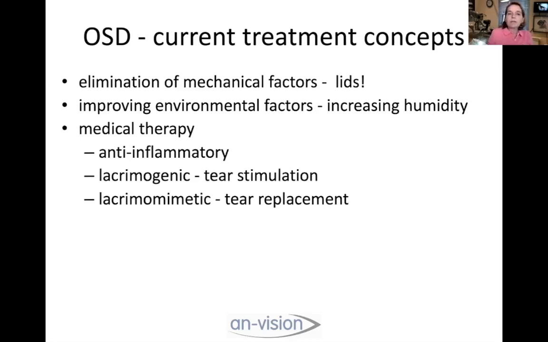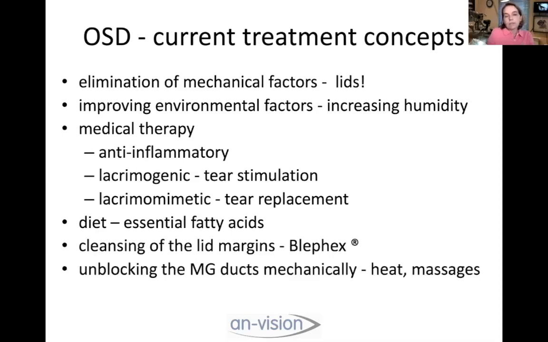Then you can apply medical therapy, and we're going to talk about this in a second. You can use anti-inflammatory medications, lacrimogenic or lacrimomimetic drops or ointments.